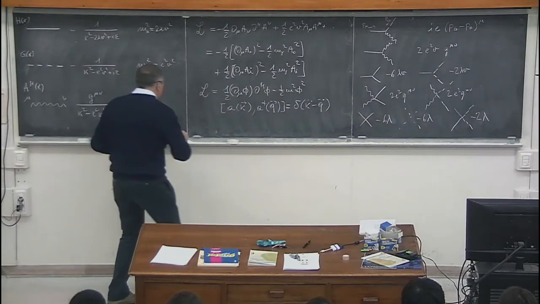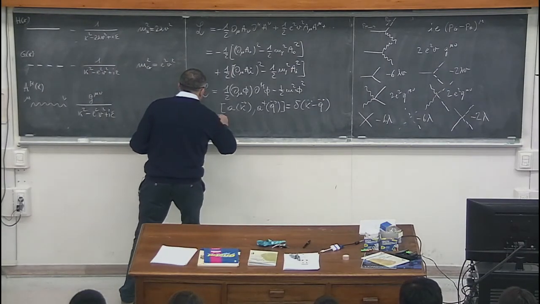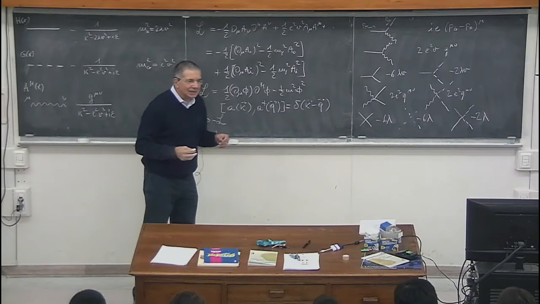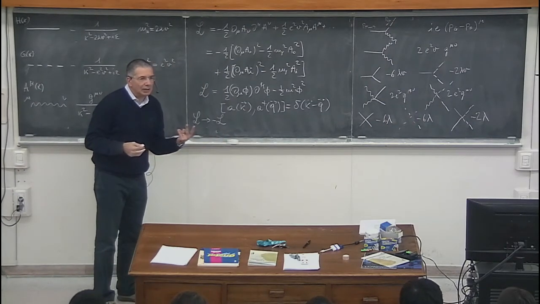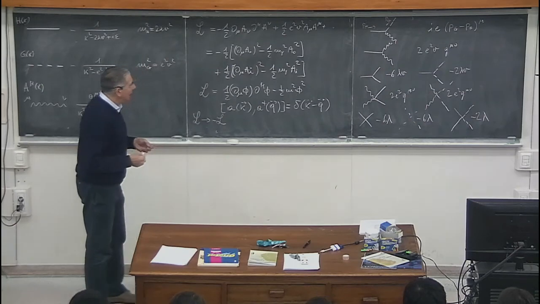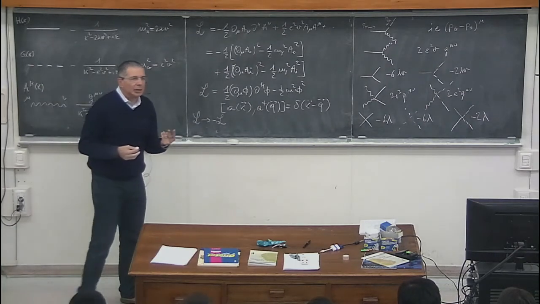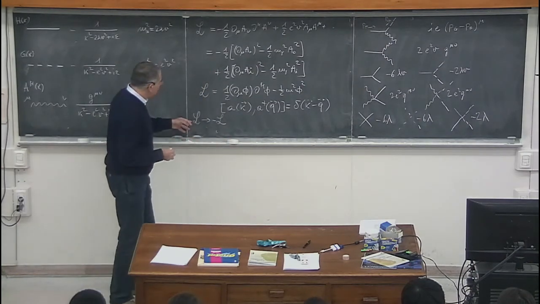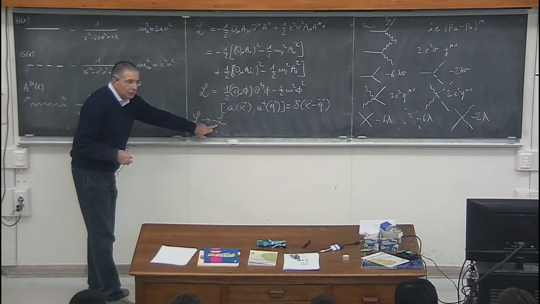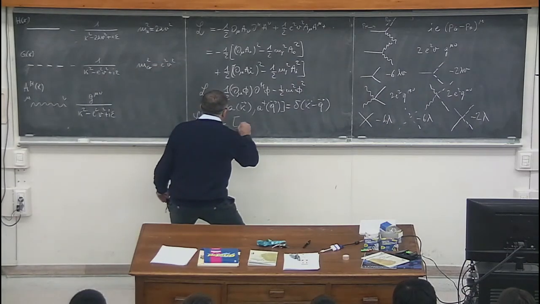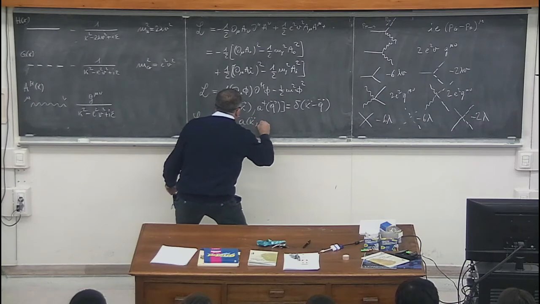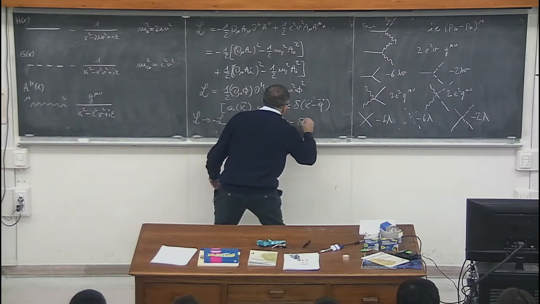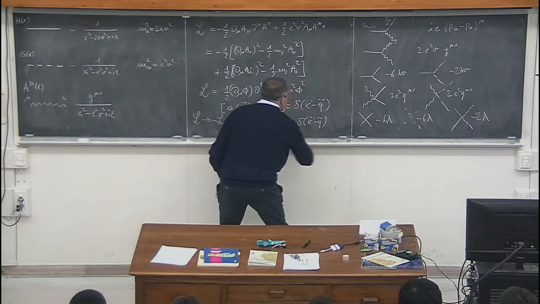Now, if I change L into minus L, if you recall classical mechanics, this amounts to changing the sign of P, the conjugate momentum. And if you change the sign of the conjugate momentum, this is equivalent to switching a and a dagger. So if you have L transformed into minus L, what you get is a commutation relation [a(k), a dagger(q)] equal to minus delta(k minus q).